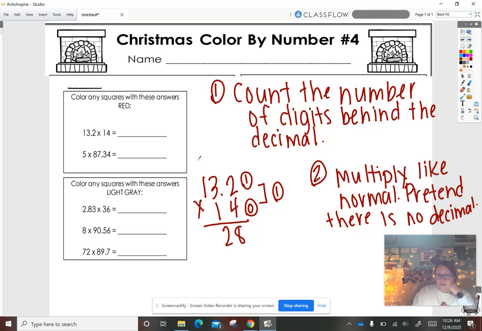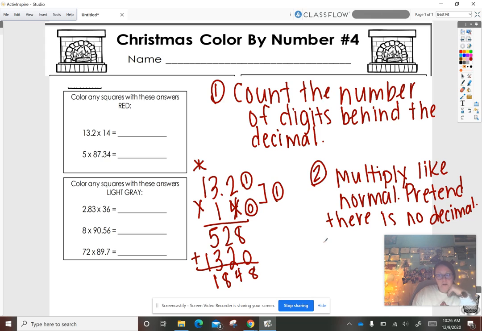Drop my 2, carry my 1. 4 times 1 is 4, plus 1 is 5. I'm done with my 4, so I cross it out. Drop my placeholder 0. 1 times 2 is 2. 1 times 3 is 3. 1 times 1 is 1. Then we add 8, 4, 8, 1.